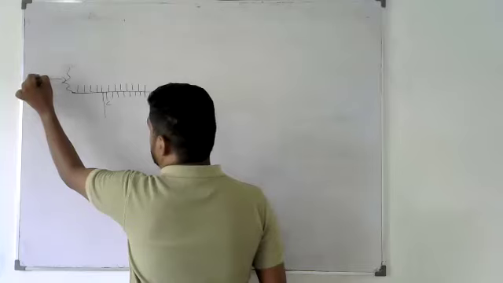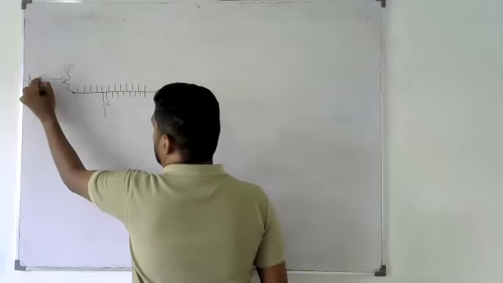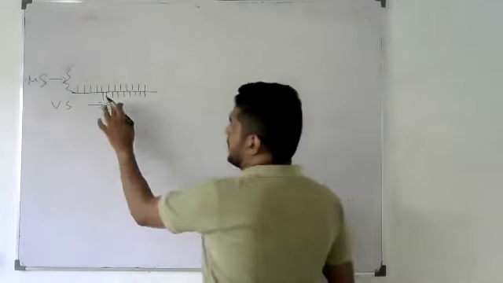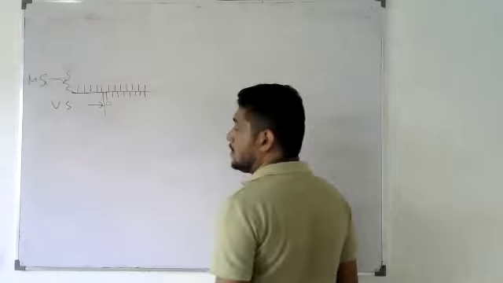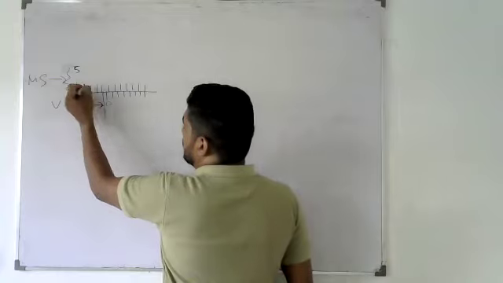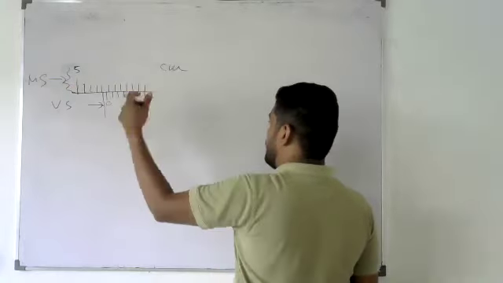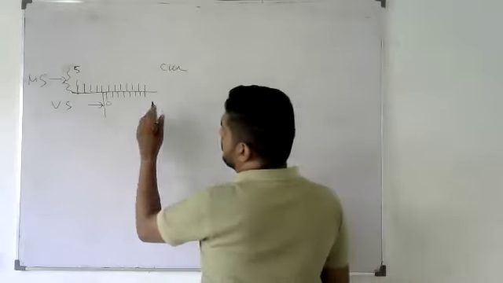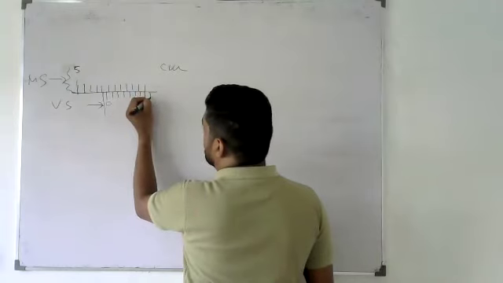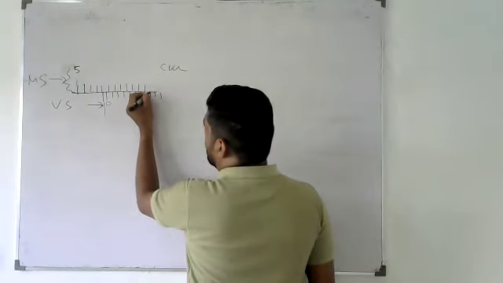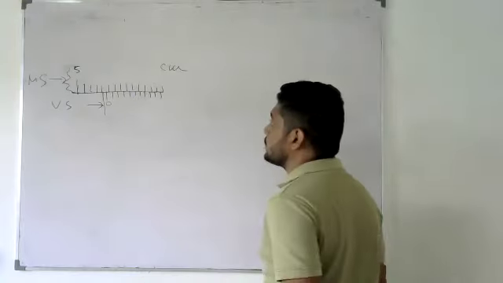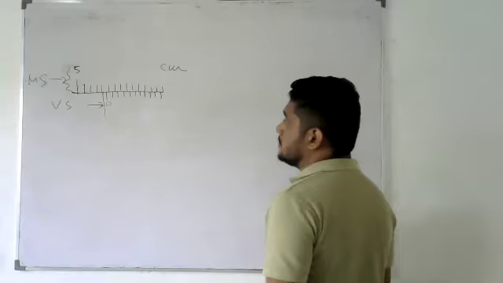There are two parts: the main scale and the vernier scale. There is something to be careful about. In the main scale, just think that this is the 5 centimeter mark, and there are 10 divisions. That is how the reading is taken.